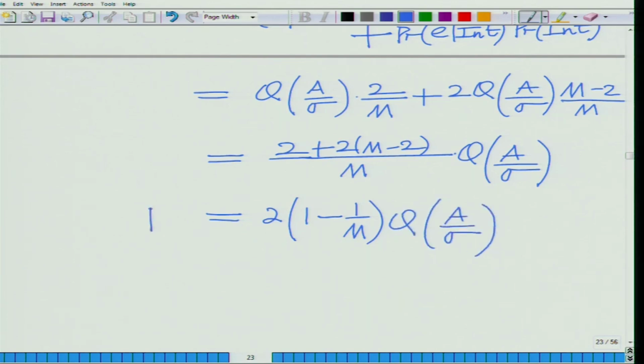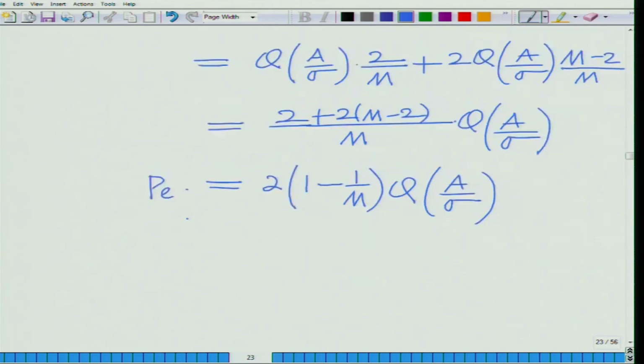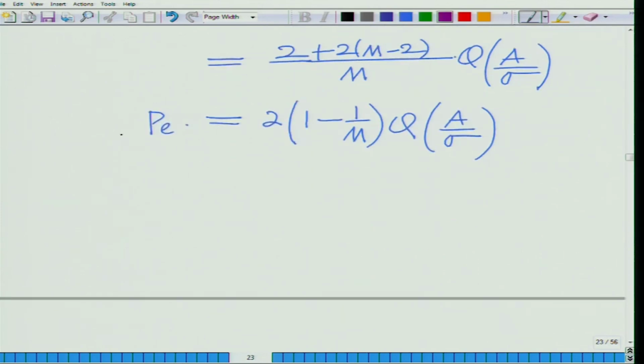This is the average probability of error, averaged over both the endpoints and internal points.